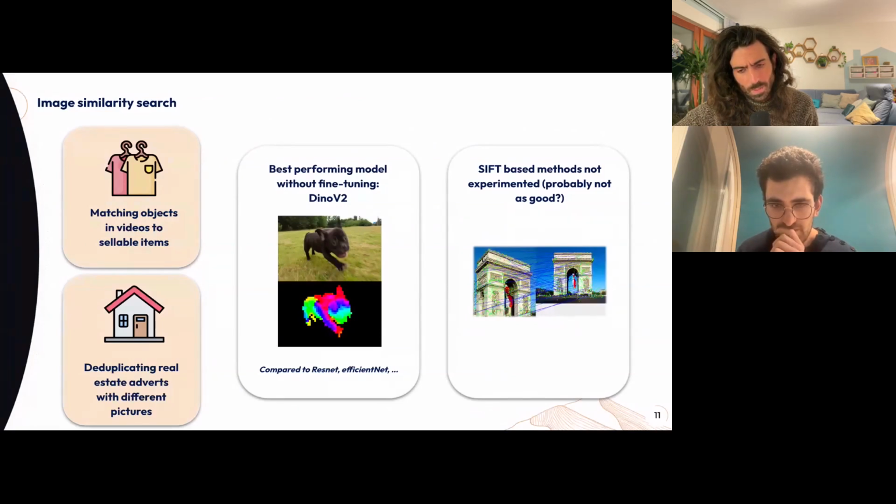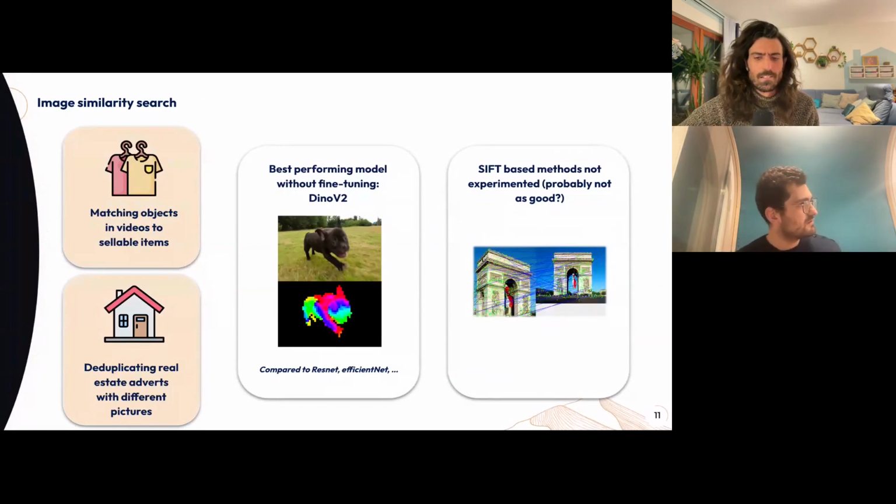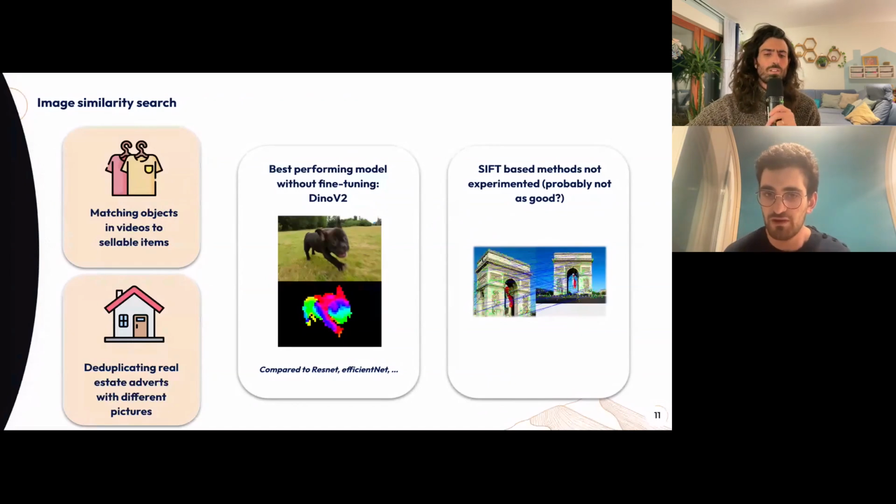Did that come into play? So Segment Anything, I don't think they redo embeddings. It's really about segmentation. So here I was just showing the segmentation part because it's a cool outcome of the model and it shows that the model works well. Here we are really here to build a representation of the image. We cannot really play with Segment Anything for the matching, to my knowledge at least.